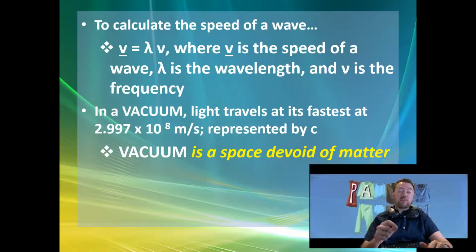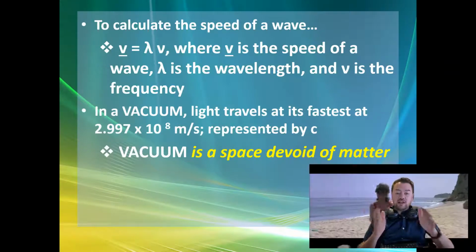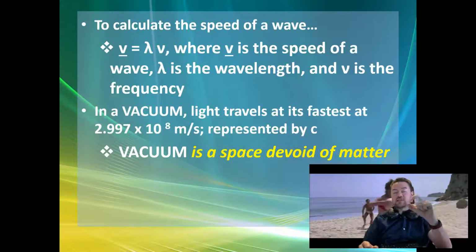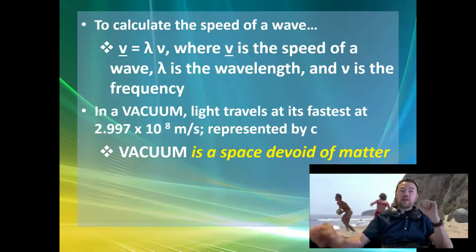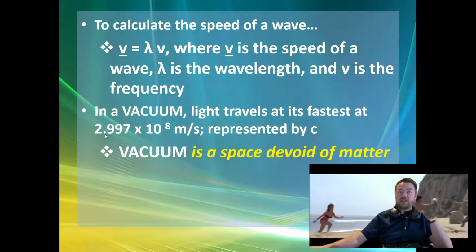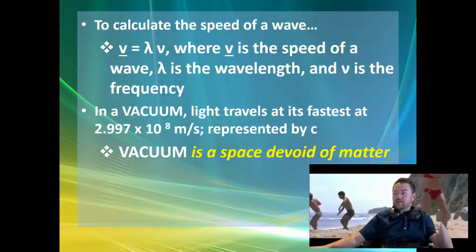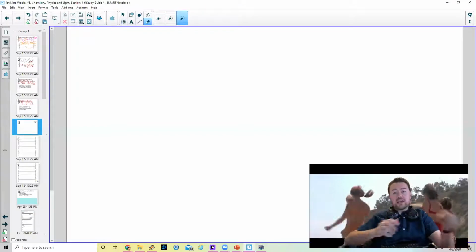We give the speed of light in a vacuum a very special symbol, and that is C. Small letter C represents the speed of light in a vacuum: 2.997 times 10 to the 8th meters per second. It's a very special number because that represents the fastest that anything could possibly travel in this universe.